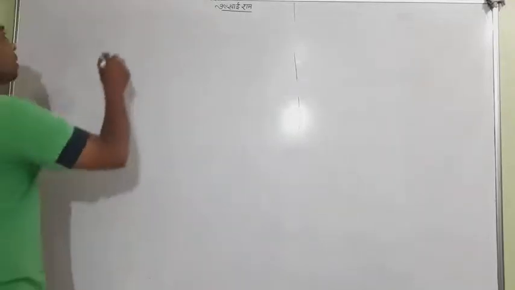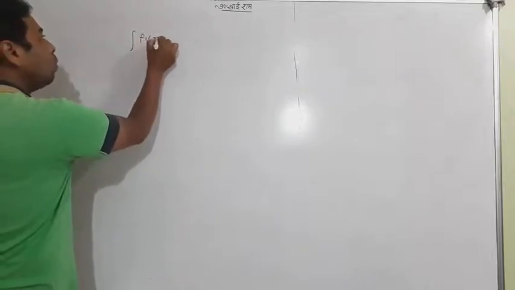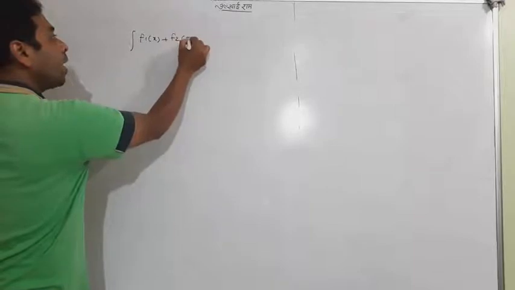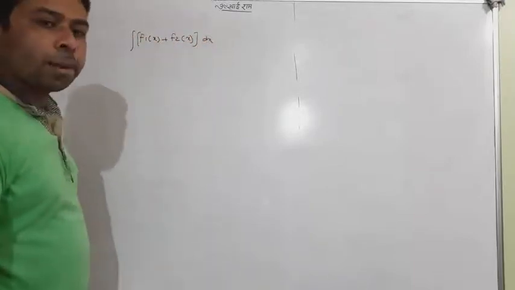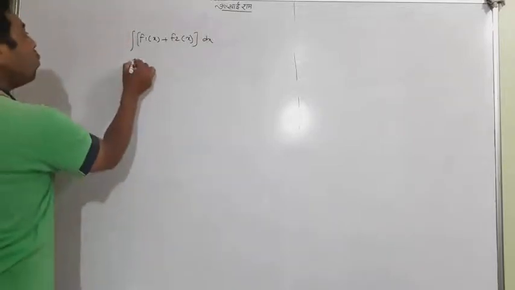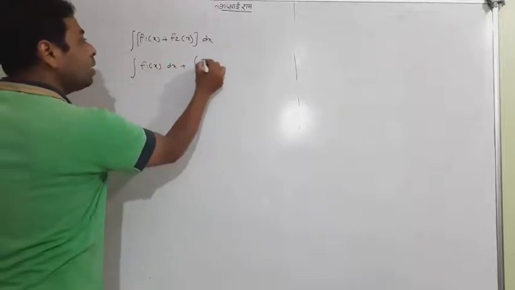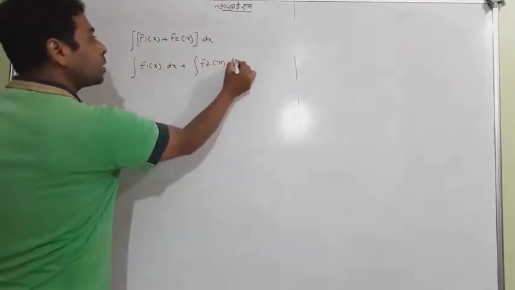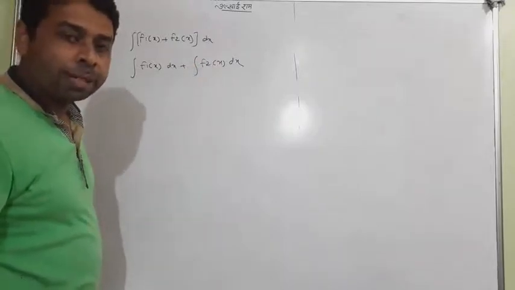In today's lecture, I'll tell you that when two or more functions come in addition or subtraction, more than two also may be there, integration will separate all such functions, meaning f1(x), f2(x) will be separated by the integration.